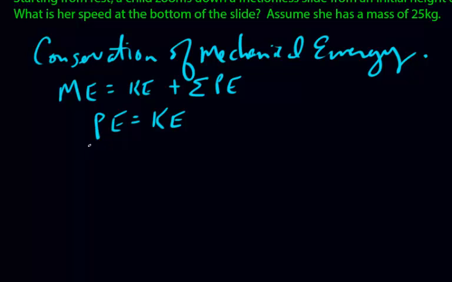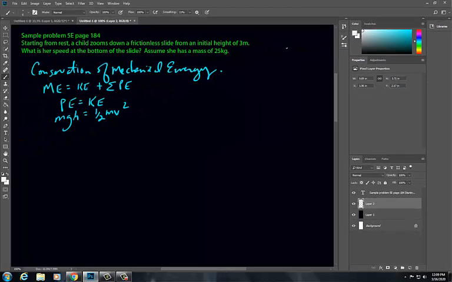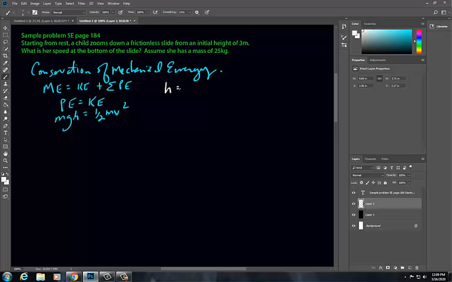Potential energy is normally defined as mgh, and that is equal to 1/2 mv squared. So this should look really familiar to you. So let's change it to white, and we'll list the things that we have here. So we know that the height is equal to 3 meters.